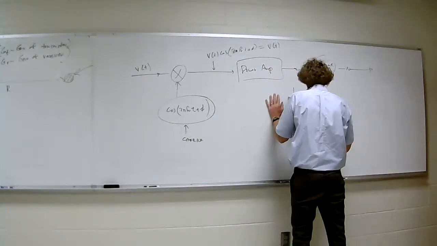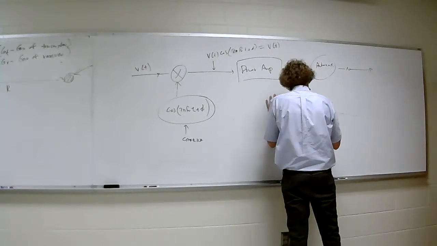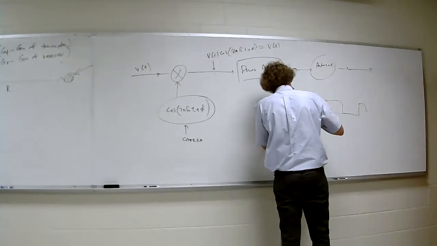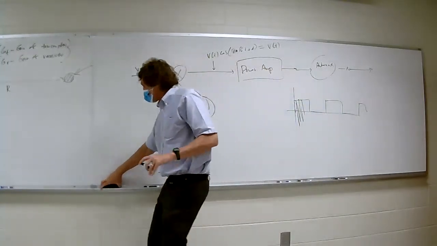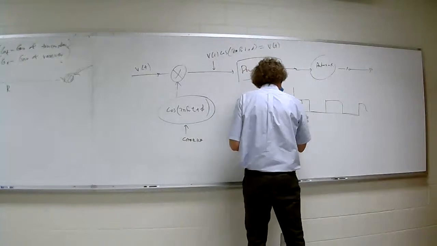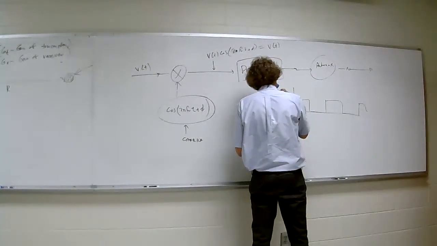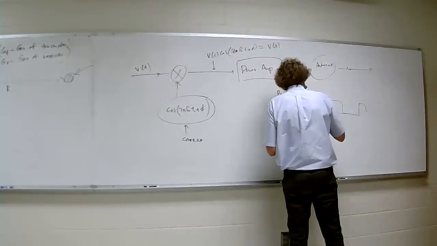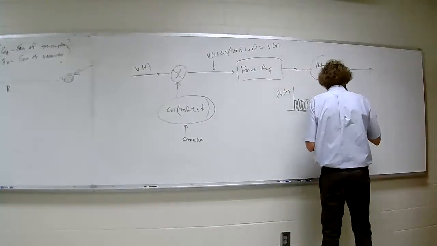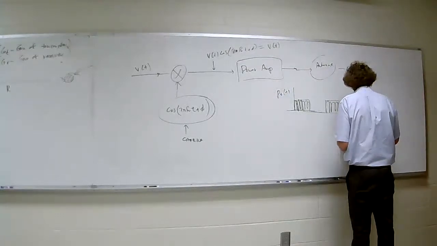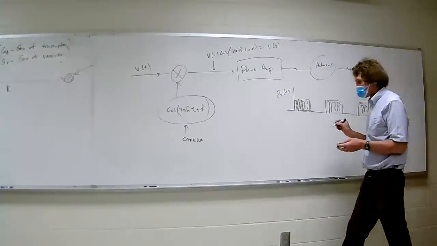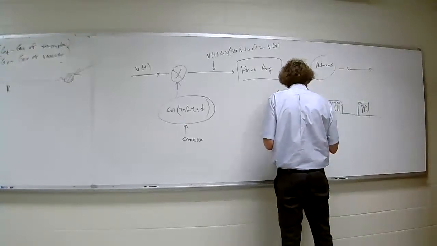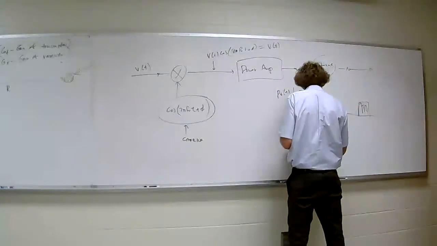But what it looks like is this: the transmitted power itself is a very high frequency waveform that has a square wave envelope. Go with me? This is still tau. This is still capital P, or the PRI.